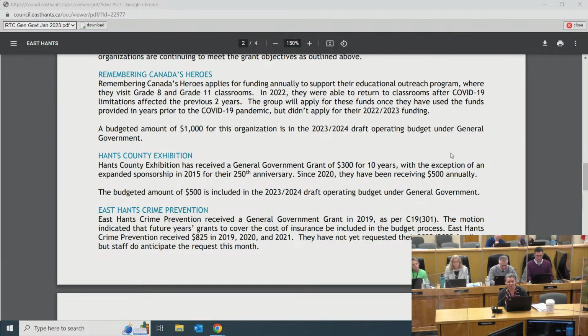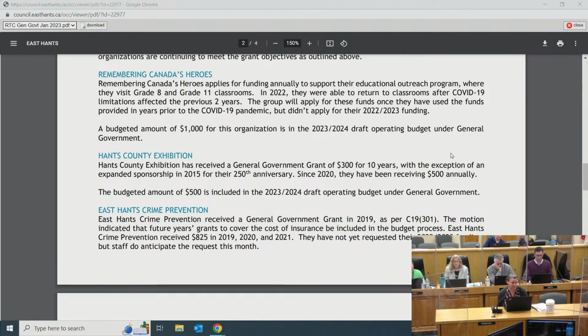They have a little money remaining from their 2019-2020 grant, and they have not requested funding since. In speaking with the coordinator, he does believe he's back in the schools this year and he's doing some presentations, and for 2023-24 they will likely be looking for funding. So this year they didn't use their $1,000, but we do recommend that the budgeted amount remains in for 2023-24.